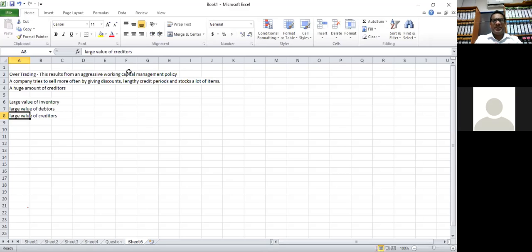If you are overtrading, you will have lengthy turnover periods: lengthy inventory turnover, lengthy debtors collection, and lengthy creditors turnover.